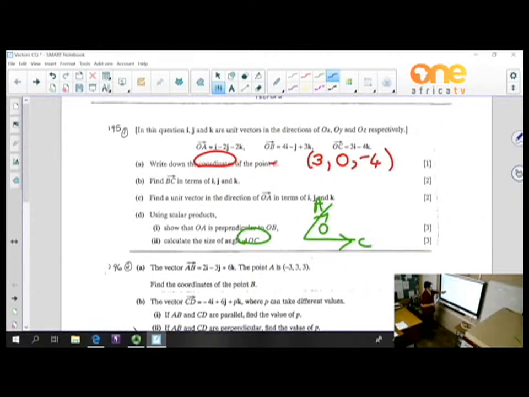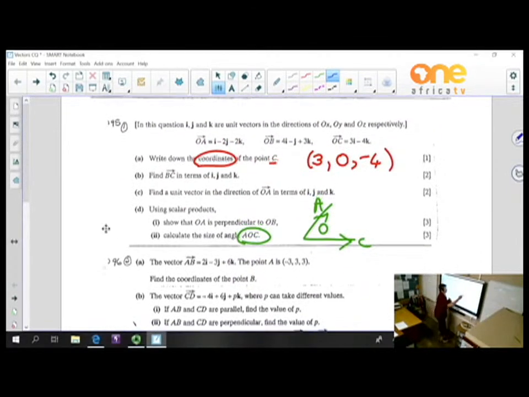Okay, so here's the next one. The vector AB is 2i minus 3j plus 6k, and the point A is negative 3, 3, 3. So you've got a vector and coordinates, and we have to find the coordinates of the point B. So now it means we move from this point A with a vector to B, so you're going to add them.